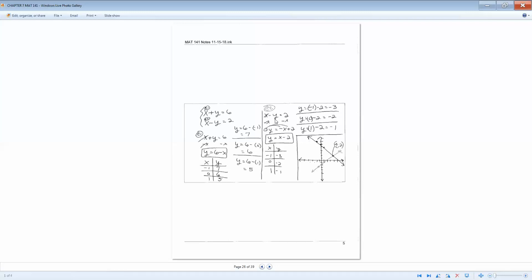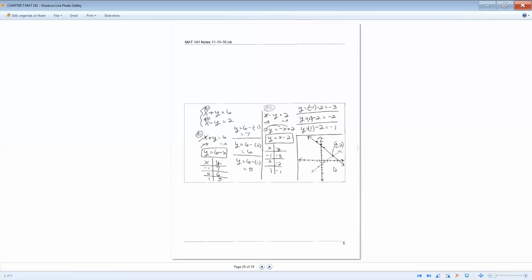For x minus y equal to 2, I solve that one for y as well. I subtract the x from both sides, then take the negative to the other side, or multiply both sides by -1. That leaves me with y equal to x minus 2. I chose -1, 0, and 1 again. Plug them in, and I get -3, -2, and -1 for the corresponding y values.